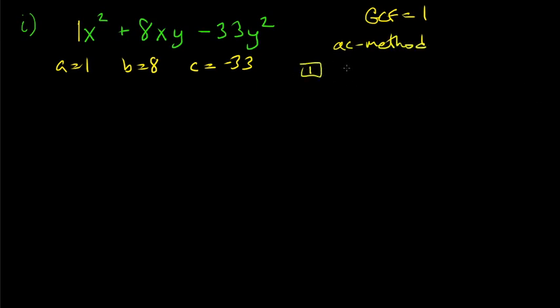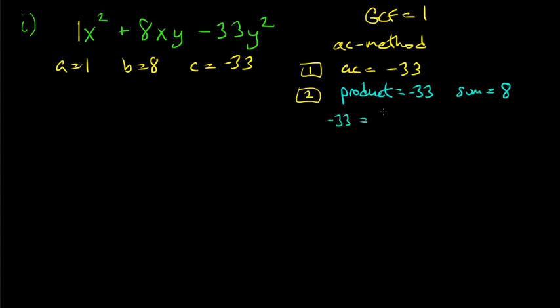So the first step is to multiply A times C, which is 1 times negative 33, so negative 33. We're looking for two numbers whose product is negative 33 and whose sum is positive 8. Since the product is negative, we want the bigger number to be positive. So negative 1 and 33: negative 1 plus 33 is 32, so that's no match.